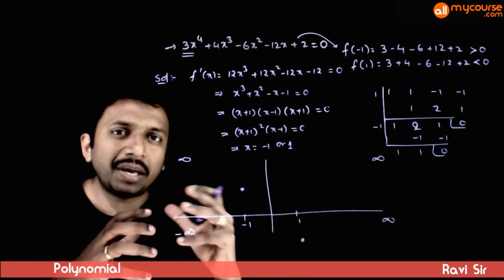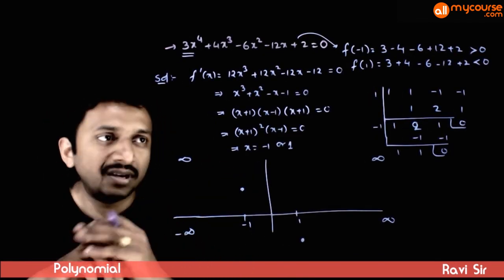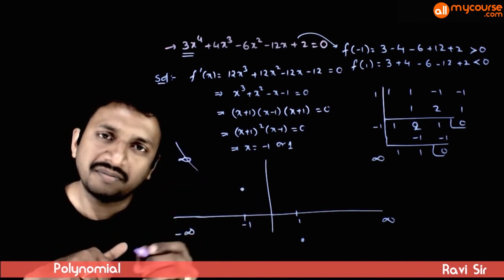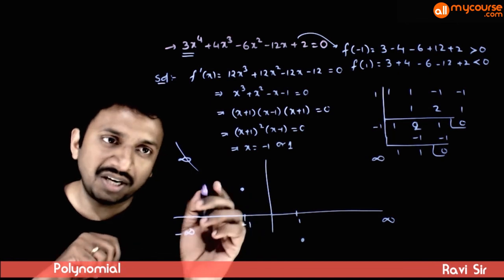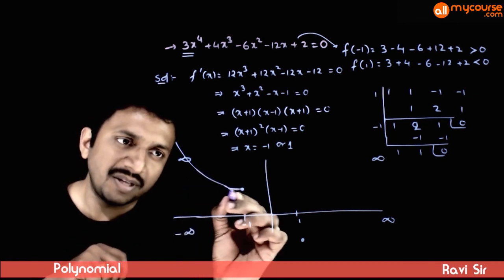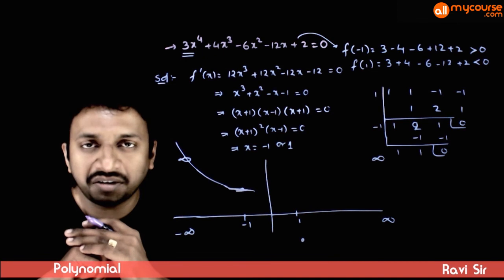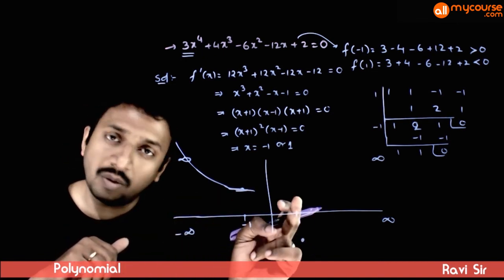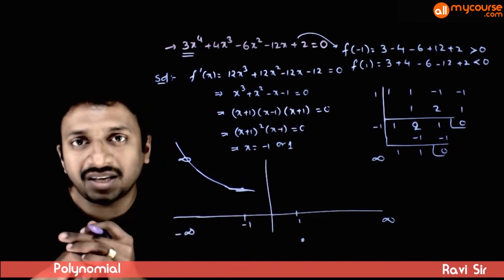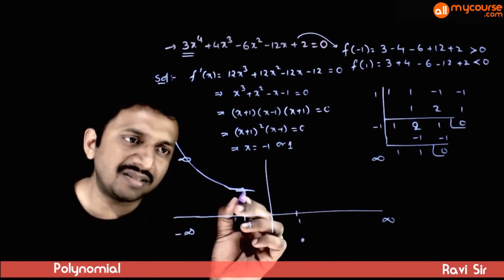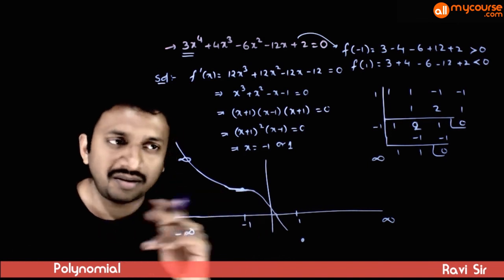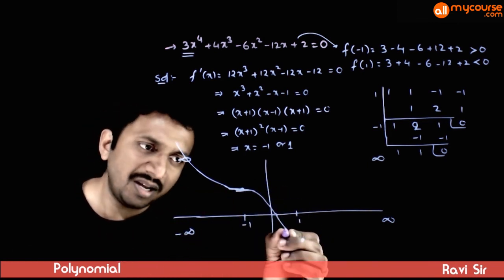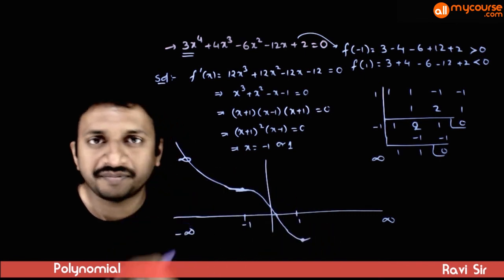So now let us combine all the information that we have to see how the graph looks. The graph starts from infinity here. It becomes somewhat stationary here. And then the next stationary point is at x is equal to 1. But the value at x is equal to 1 is negative. That means the graph has to cross the x-axis from this point to this point. It becomes stationary here.